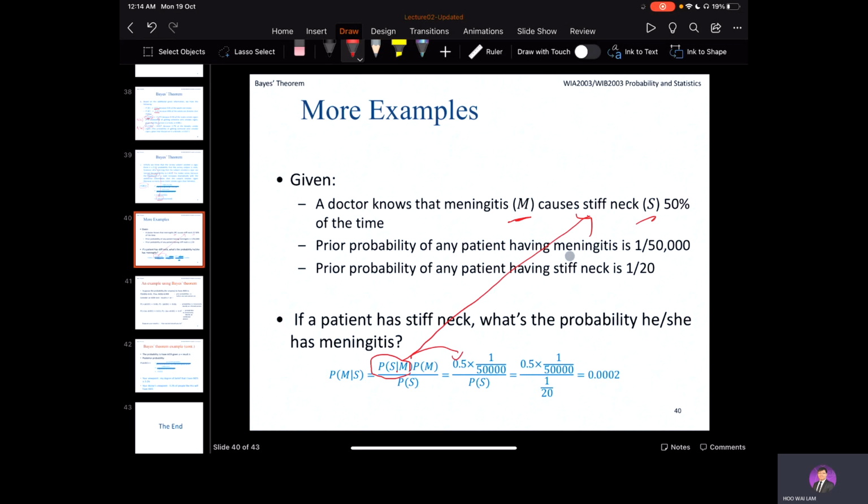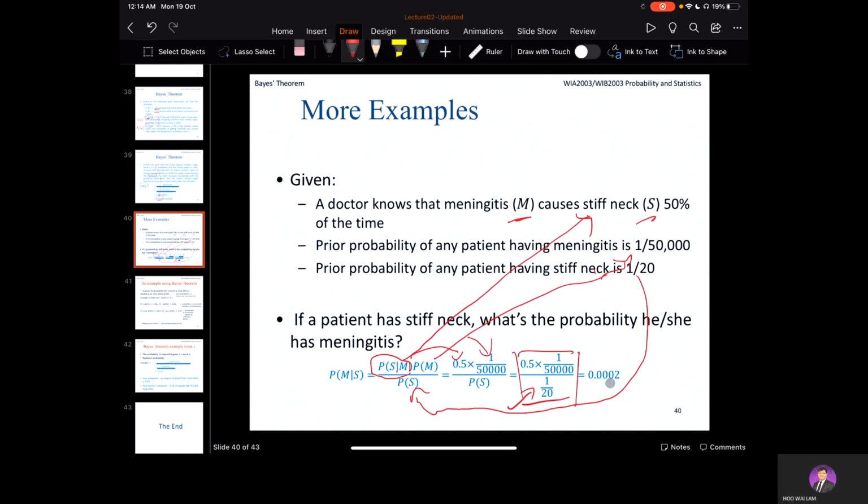The prior probability that any patient has meningitis is this one. And the last one, the probability of S, the probability of any patient having stiff neck, is here. That's why you are getting 1 over 20. Once you solve this, you get 0.0002, or around 0.02%.